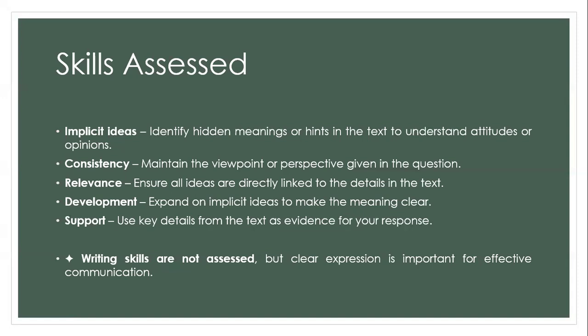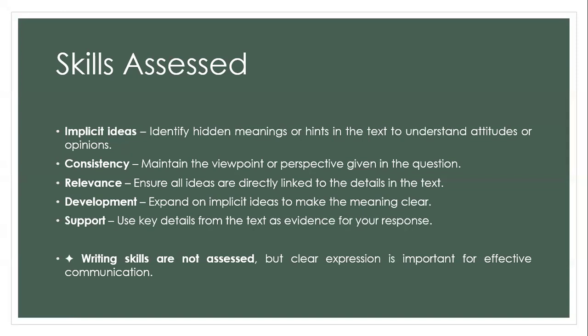If we talk about question number 3B, it is different because it is an opinion based response about text B. This task checks how well you have understood a particular viewpoint or attitude in the text. So instead of just listing the facts, you need to find the hidden meanings, which are most commonly known as implicit ideas, and explain how they relate to the question.